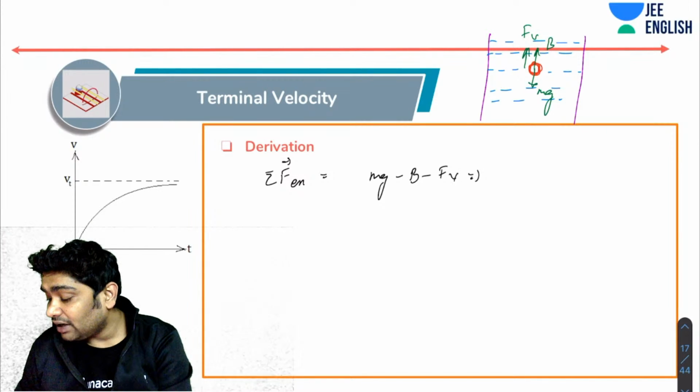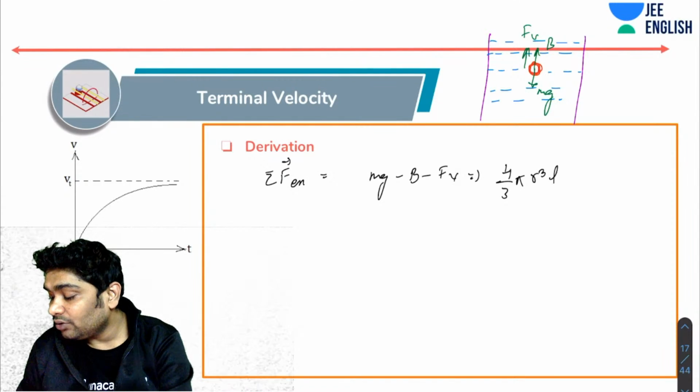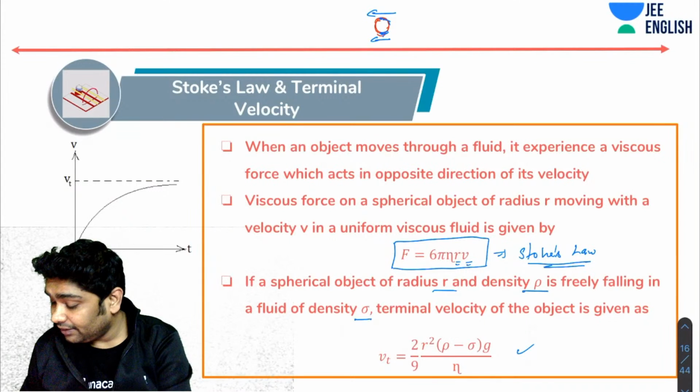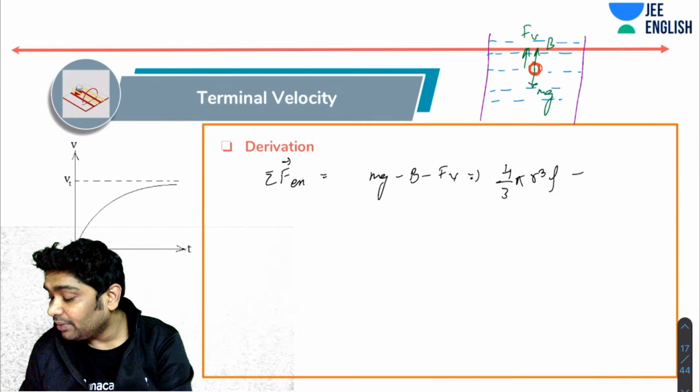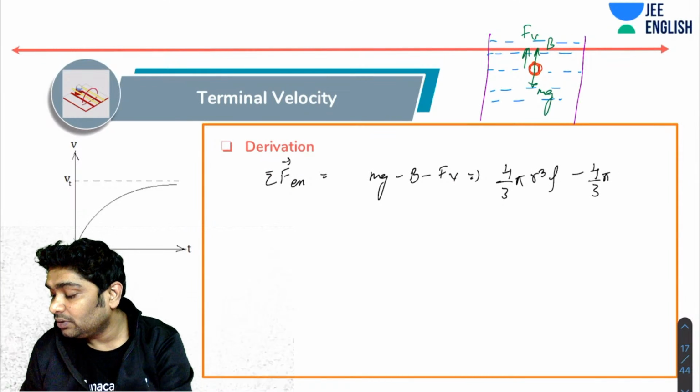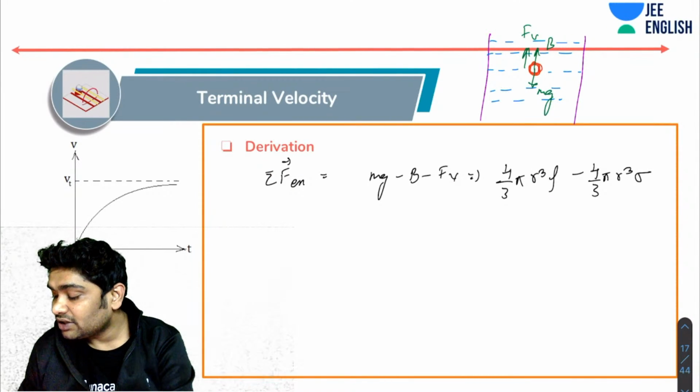Mg is fixed. Mg can be written as 4 by 3 pi r cube, r being the radius, into rho of the solid, and sigma is the density of the fluid. The buoyant force similarly would be minus 4 by 3 pi r cube sigma. So this is mg.